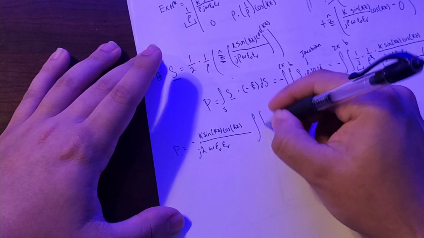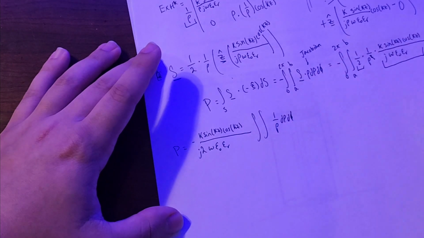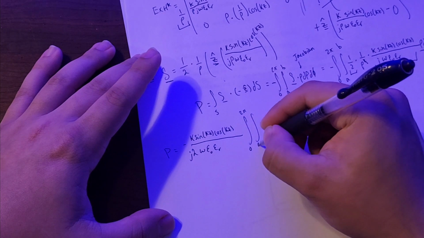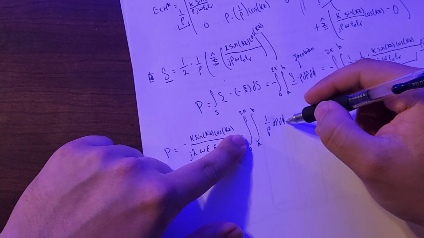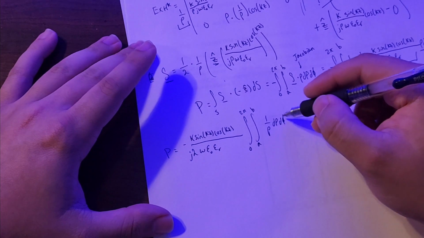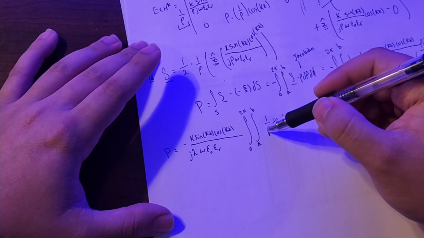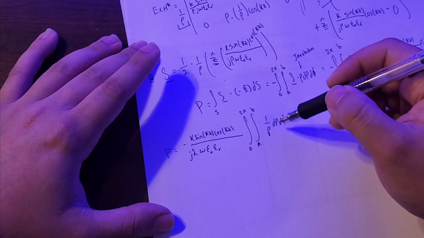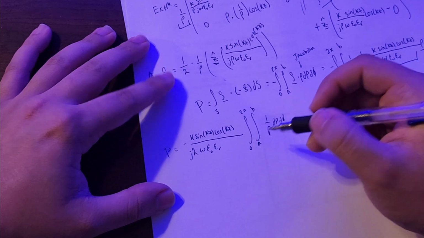And then the double integral of 1 over rho d phi, 0 to 2 pi, a to b. So what we do is we take the outer integral first. The integral with respect to phi is just phi, so you just have 2 pi minus 0.